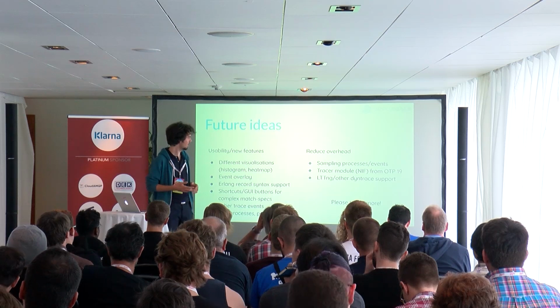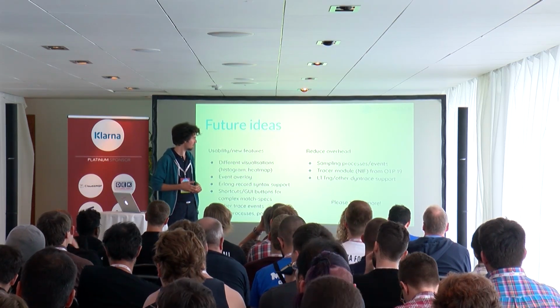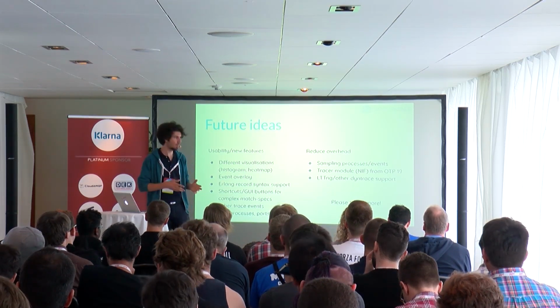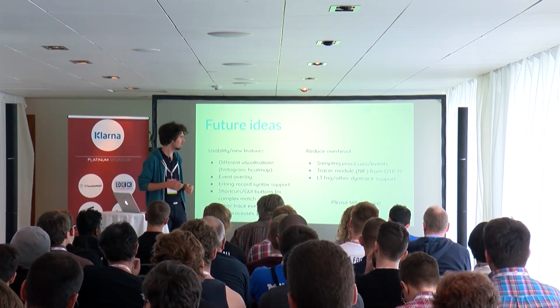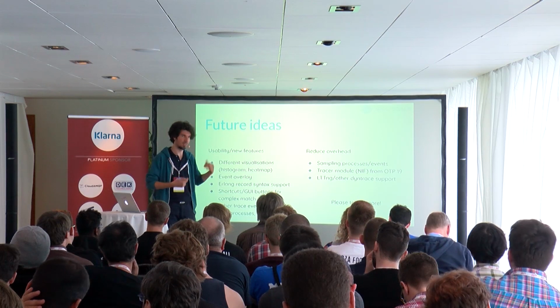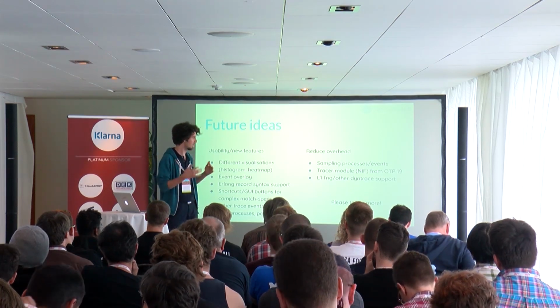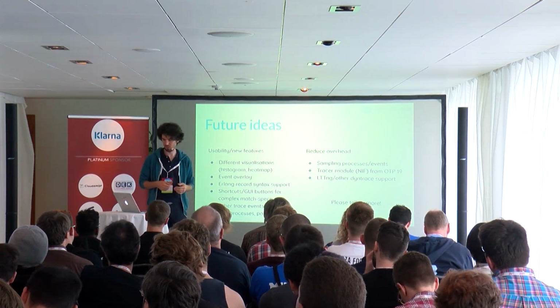And on the overhead part, we can introduce sampling both on the process level, so just measure selected processes, or on the event level, as the previous example showed, like only measuring selected function calls.